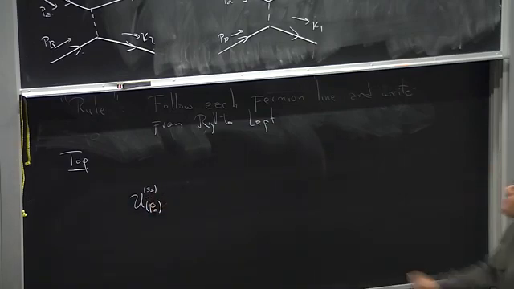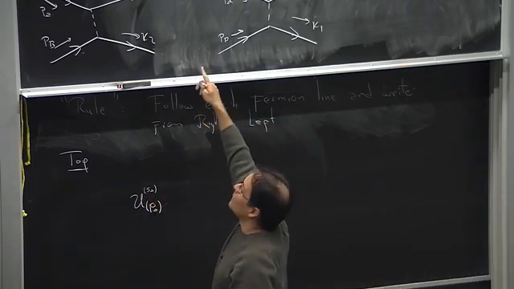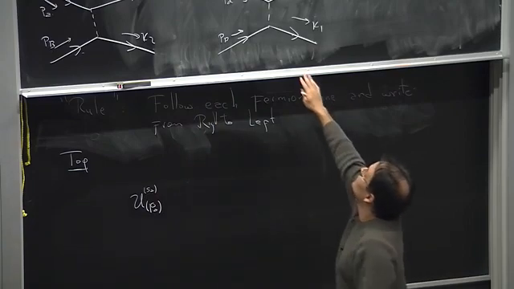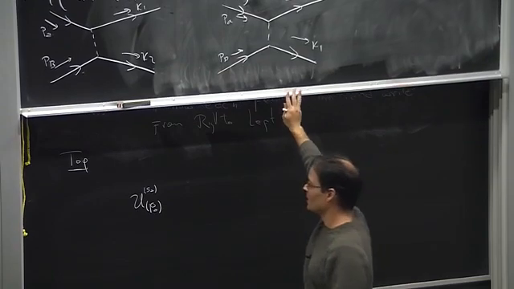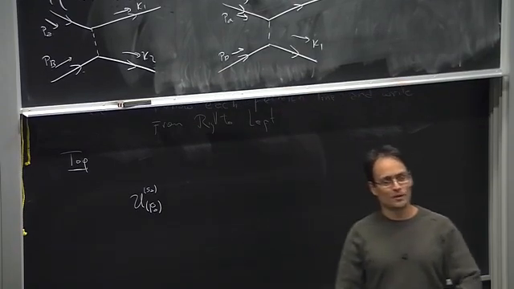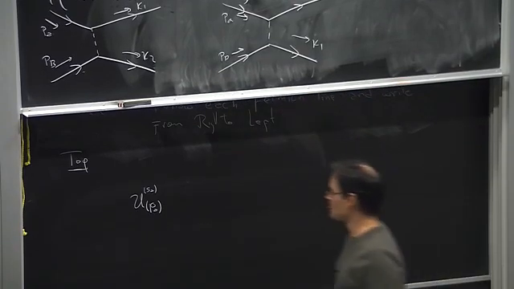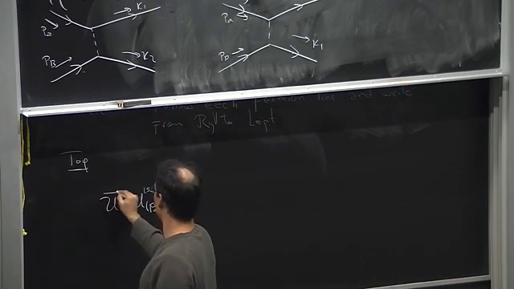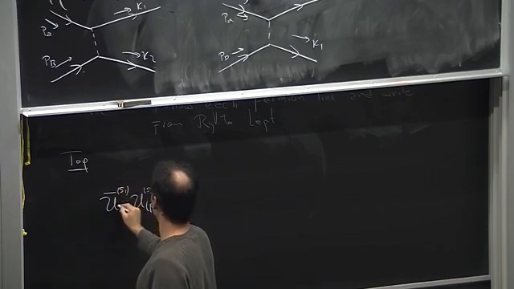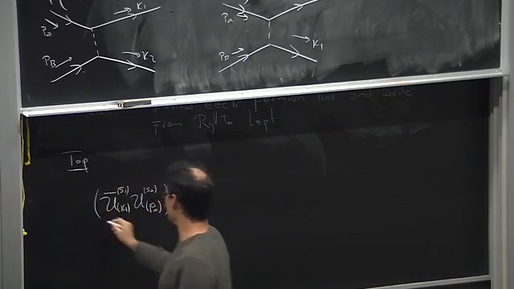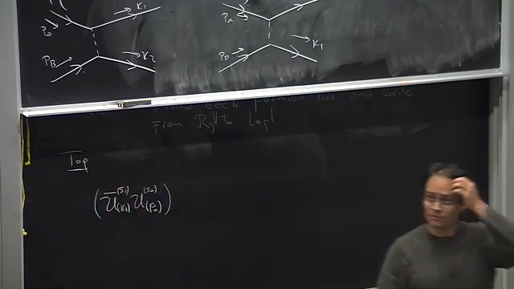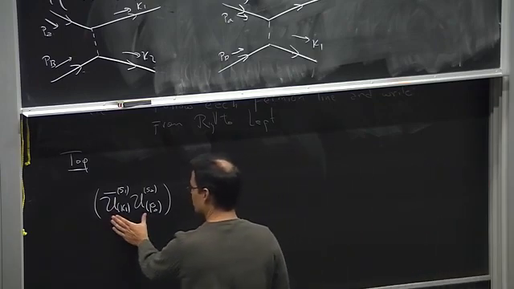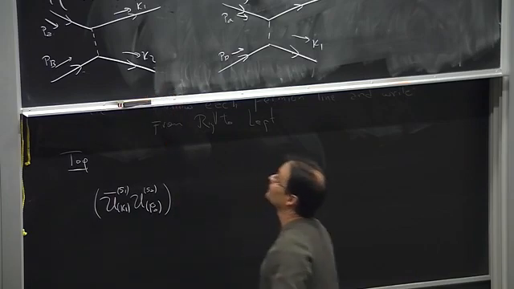Okay? And now we follow the line, and we have an outgoing nucleon. So what are we supposed to use? A u bar. But my rule tells me to write from right to left. So I'm on the right, I'm going to write to the left. And isn't this nice? This is a number, right? So that's part of my contribution to this Feynman diagram.